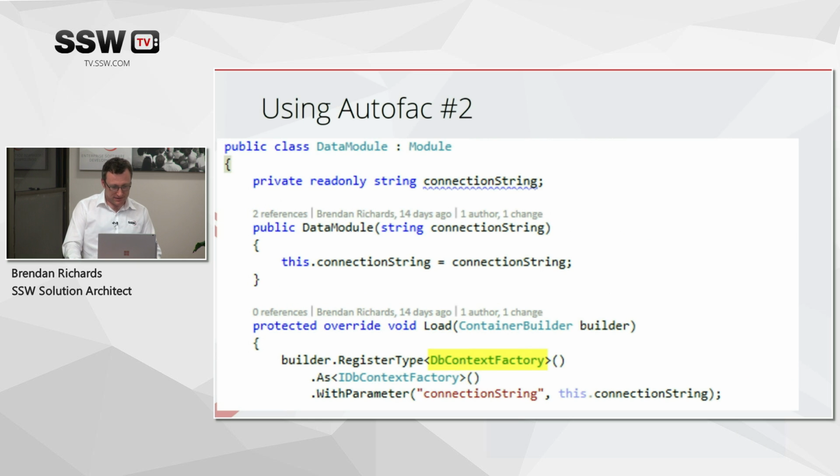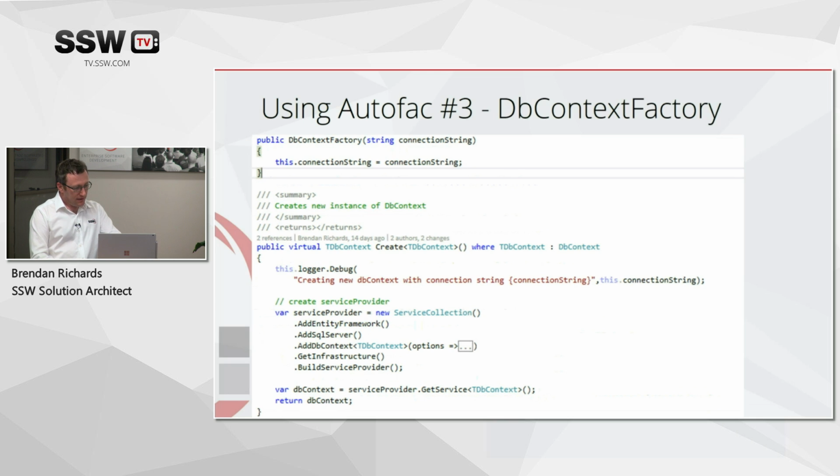And in this data module, one of the things it sets up is a DbContext factory. That's a very simple class that just says, okay, if you want a DbContext, here's a create function, we'll create the DbContext for me. So here's the DbContext factory, and here inside the DbContext factory, I've actually created a new service provider, and this is where I've got my Entity Framework configuration.